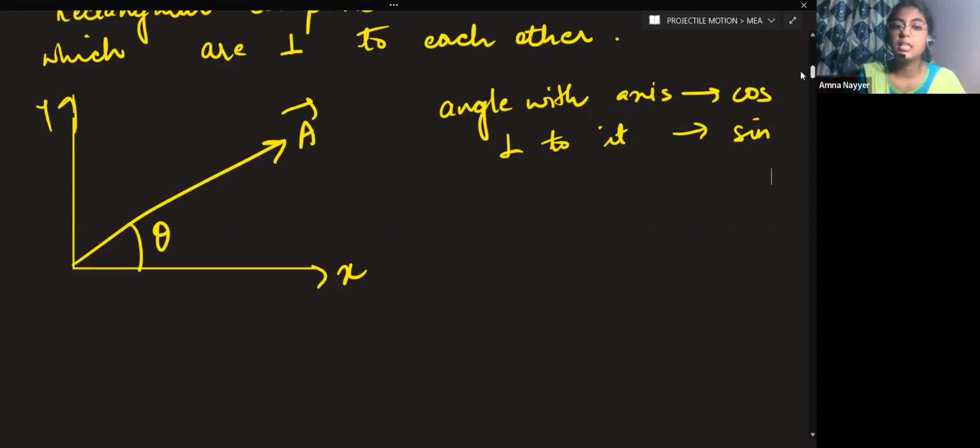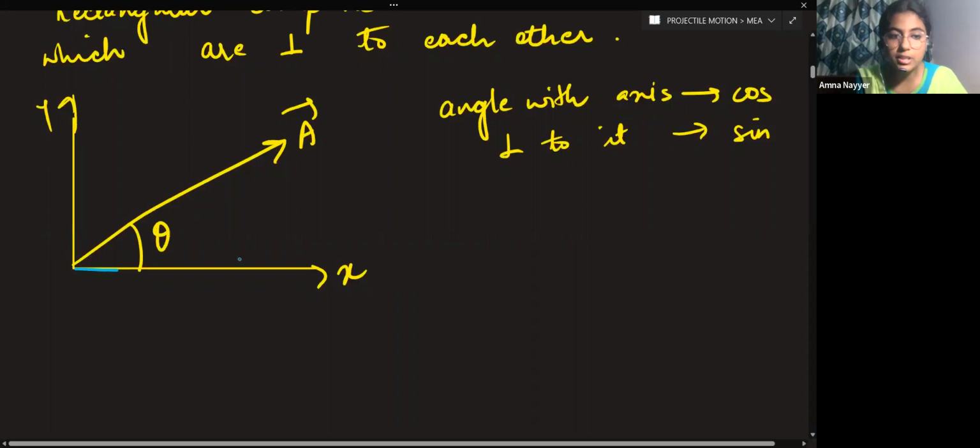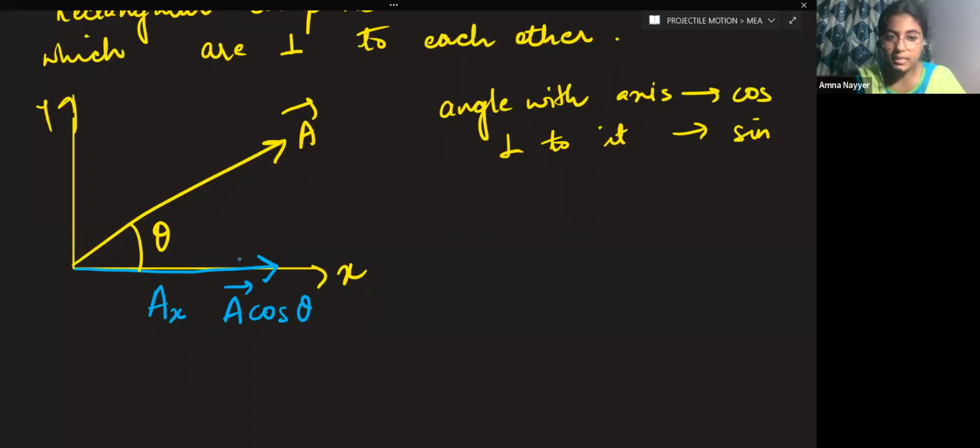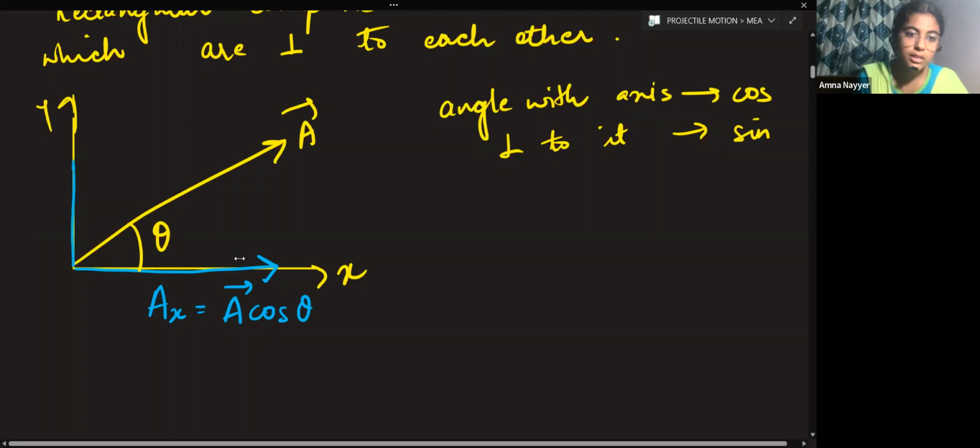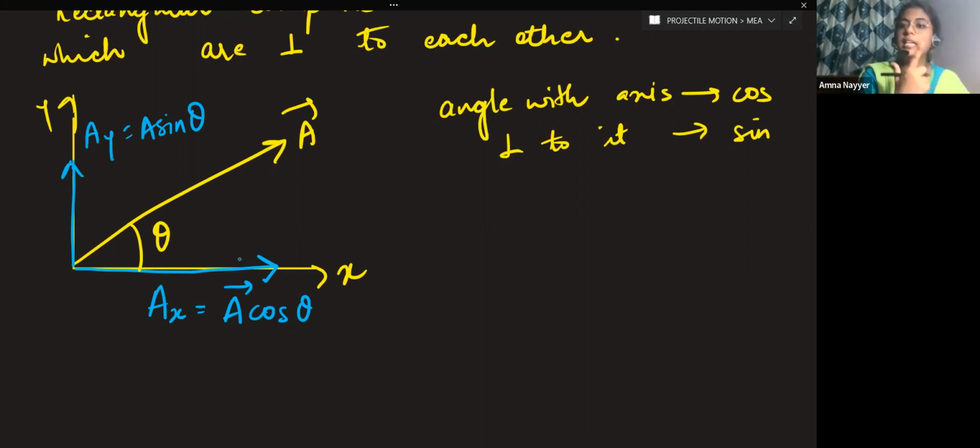So here in this direction, this is one of the components of A. This becomes A cos theta. So A's component along x-axis, AX will be A cos theta. And the other one, which is perpendicular, this AY, this is A sine theta. So A cos theta, A sine theta. This is how you do it.